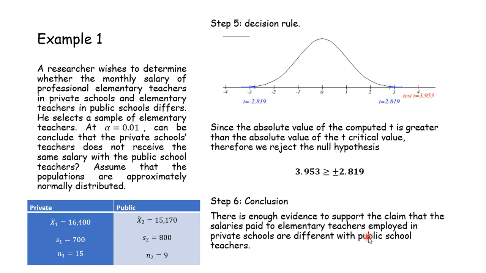Ibig sabihin po nun, yung tinatanong dito kung magkaiba ba ng sahod yung private tsaka public, totoo po. Based sa data na meron tayo, napatunayan po natin na magkaiba talaga sila ng monthly salary. So that would be the complete solution for example number 1.